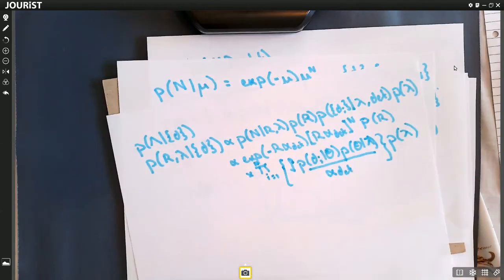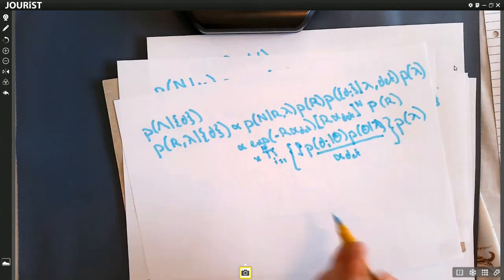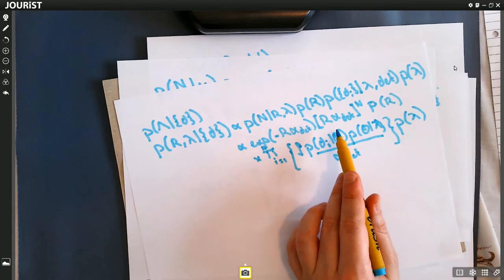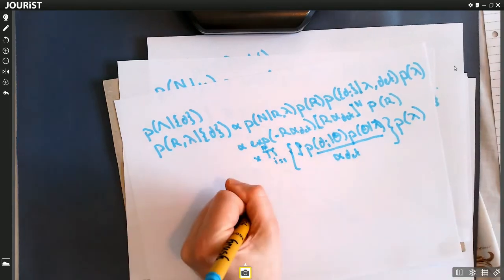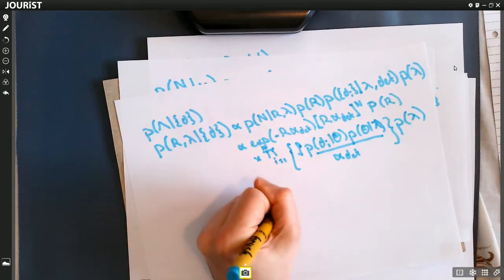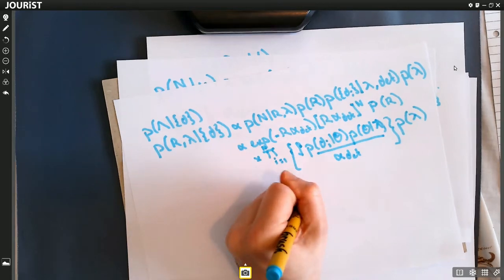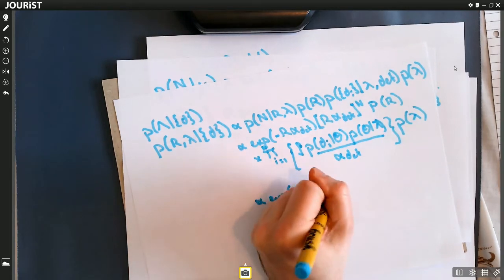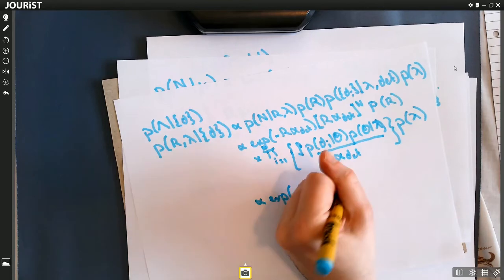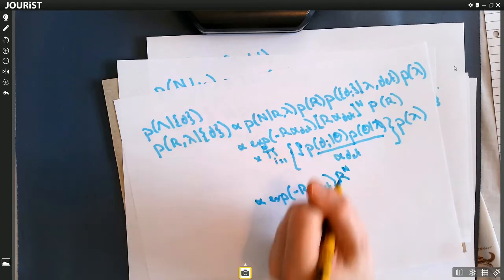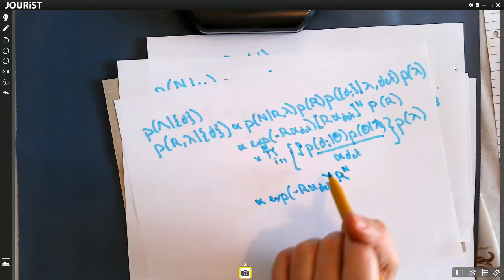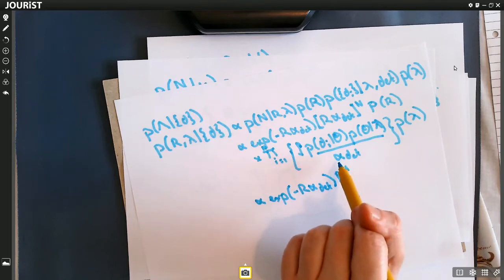So we can tidy this up slightly because we have alphas here and alphas here. We can write this as the exponential of minus R alpha_det, R to the n. Then we have alpha to the n, which will cancel with this product down here.